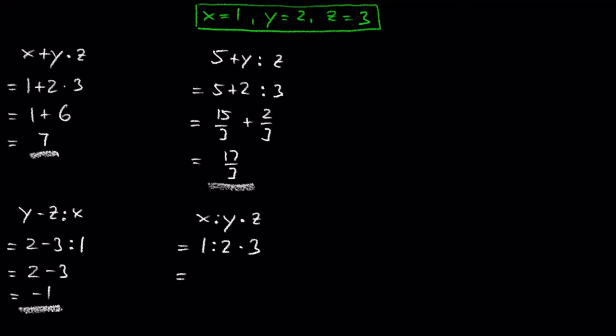So we have 1 over 2 times 3. Now we can write the 3 as a fraction, 3 over 1, and multiply the two fractions together. 1 times 3 is 3, and 2 times 1 is 2. So we get 3 over 2.